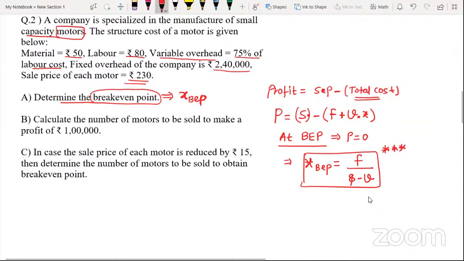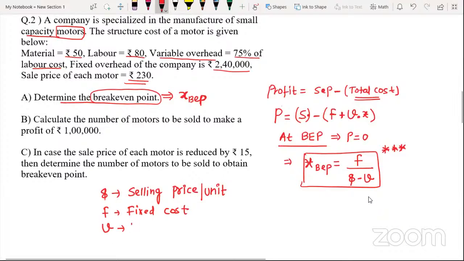So what is this small s? Small s is selling price per unit. What is this F? F is the fixed cost. And what is this small v?